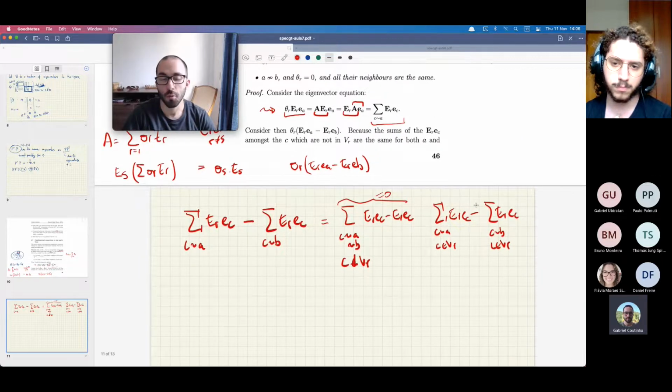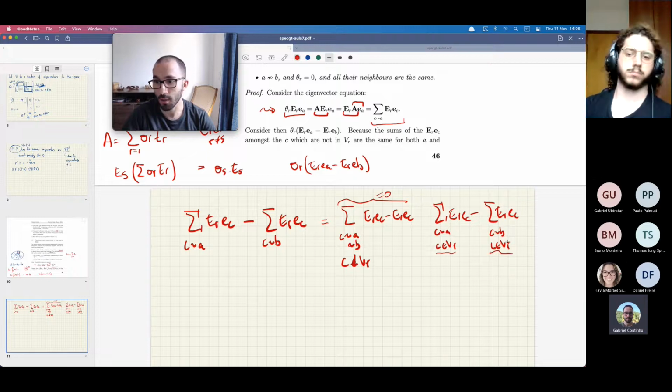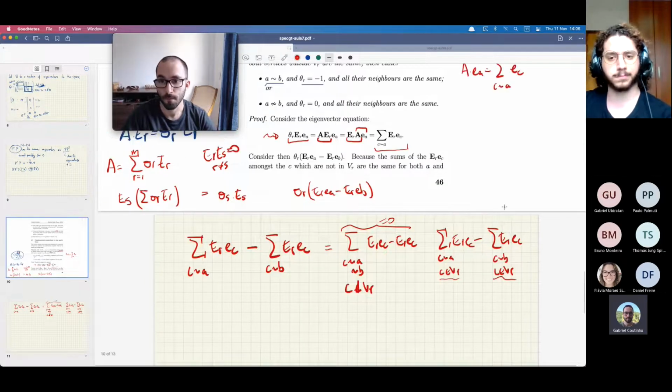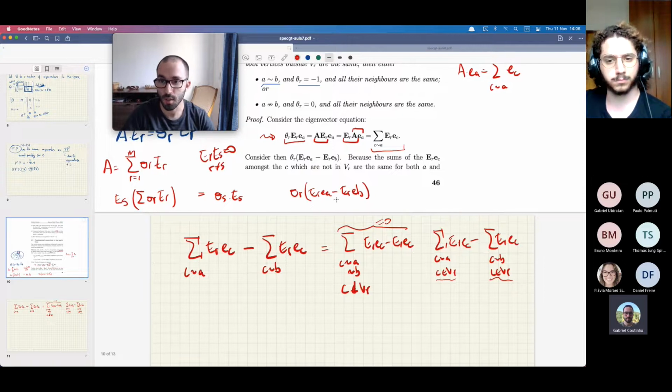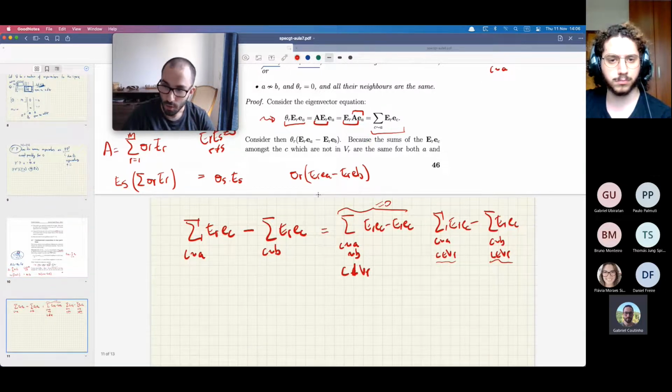So there cannot be a non-trivial linear combination of these things equal to 0, because the vectors in here are all linearly independent. Right? I know, of course, that this thing is equal to 0. No, sorry, what do I have?